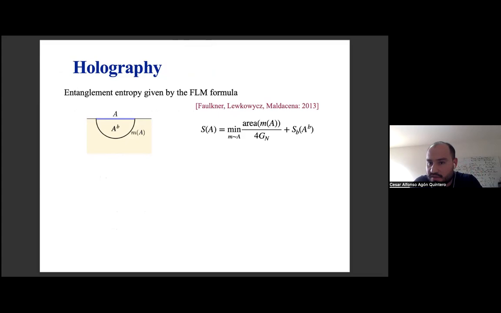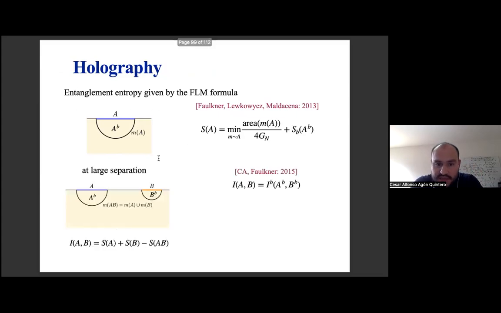which involves this area minimization, but also includes the bulk entropy of the region in question. The reason why we need to consider these bulk corrections is that in the regime we are considering, the minimal surface of the union of regions is actually the union of the minimal surfaces, because you put the regions so far away that the minimization will just be the individual minimizations.